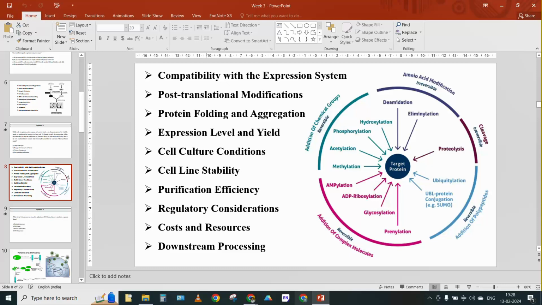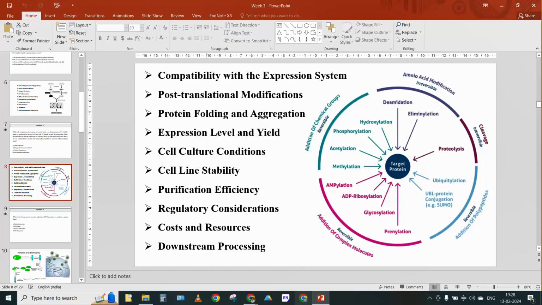So let me clarify what PTM is. PTM stands for post-translational modification. Post-translational modification plays a crucial role in the expression and functional maturation of recombinant proteins. After the ribosomal synthesis of a protein, PTMs involve the covalent alterations of amino acid residues and can significantly impact the protein's stability, localization, and activity with other molecules.